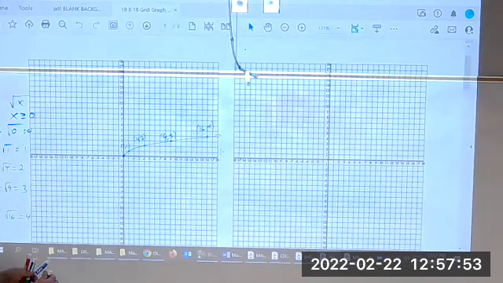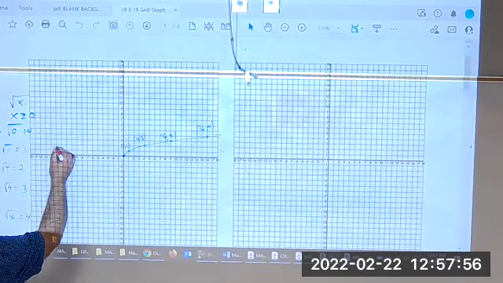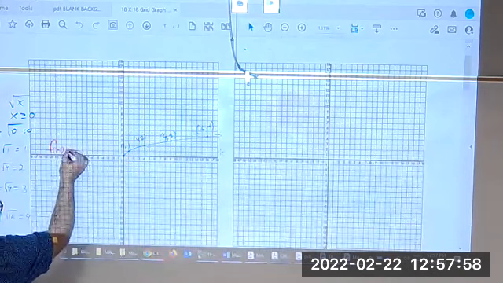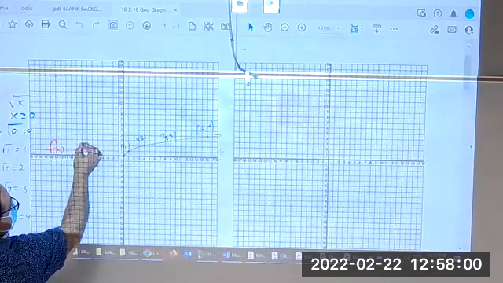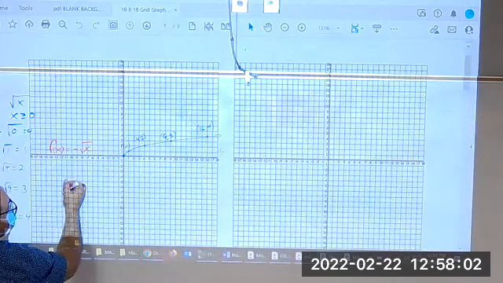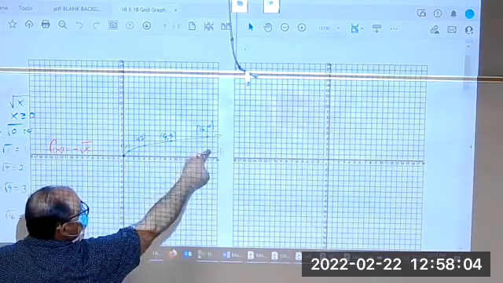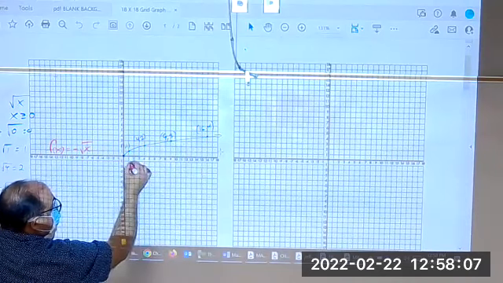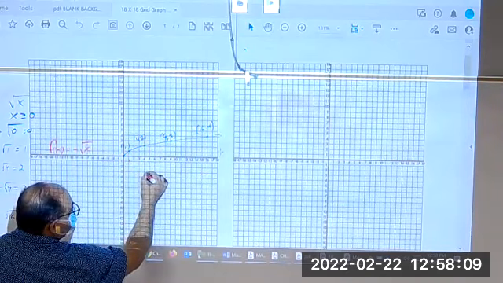If we did this, f of x equals negative, and then square root x, then all those positive answers that you just got, they would be down here instead.